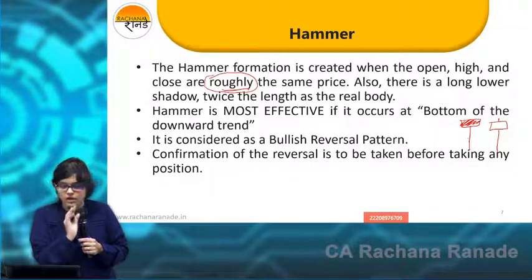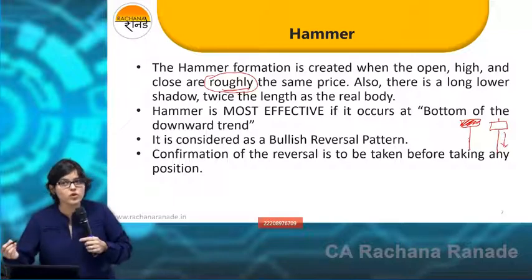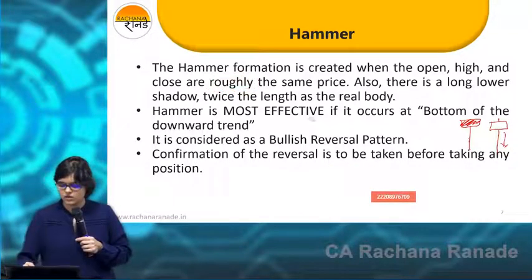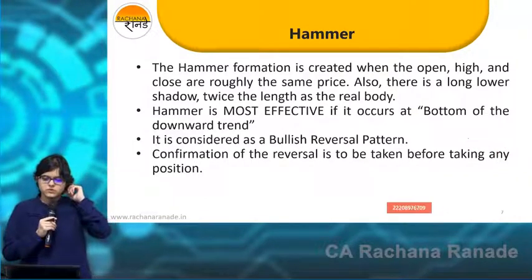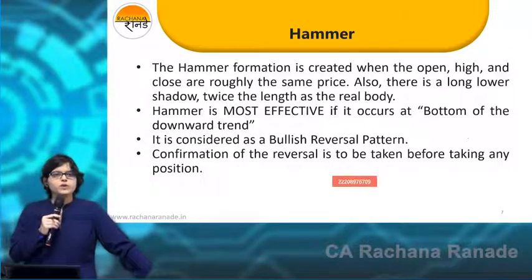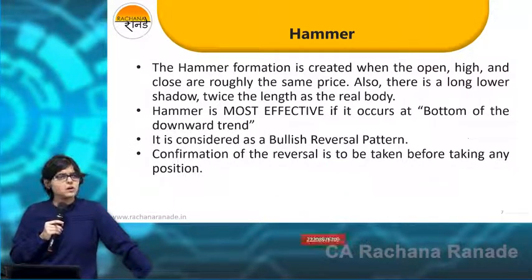But of course, what else do we have to check? Is the shadow twice or more than that of the body of the candle? So, second important point, write down. For a hammer, the shadow should be twice the length of the body.